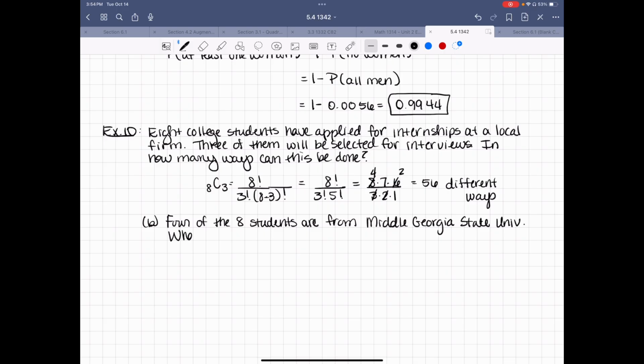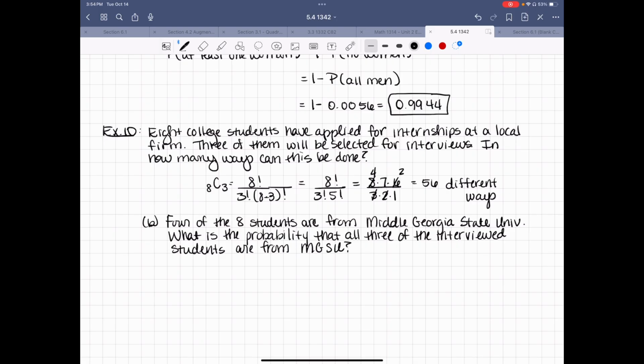What is the probability that all 3 of the interview students are from Middle Georgia State University?